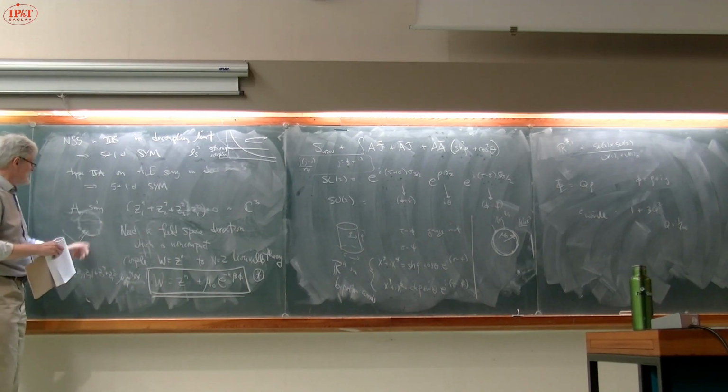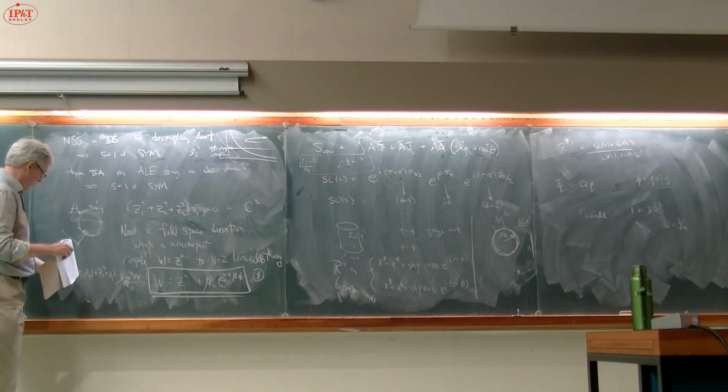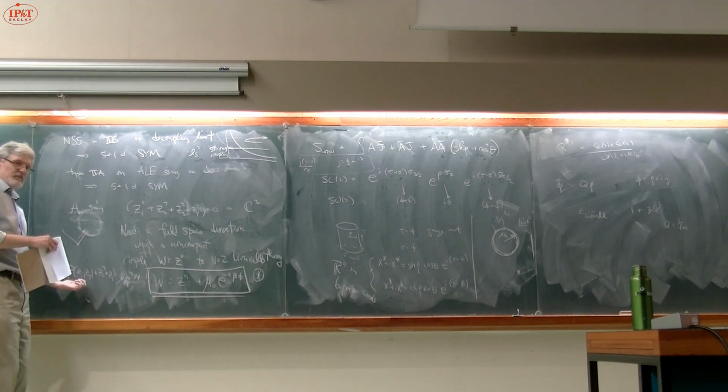But now, instead of just being like z1 to the n equals 0, it's some kind of polynomial hypersurface in 2 variables, which is a Riemann surface.